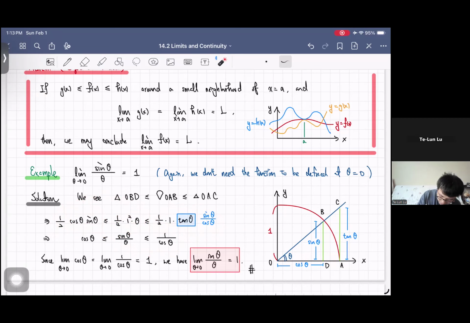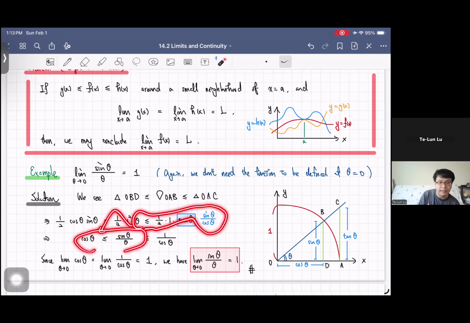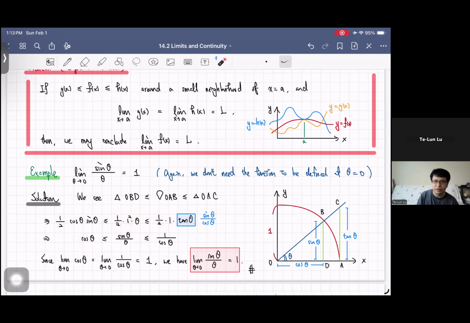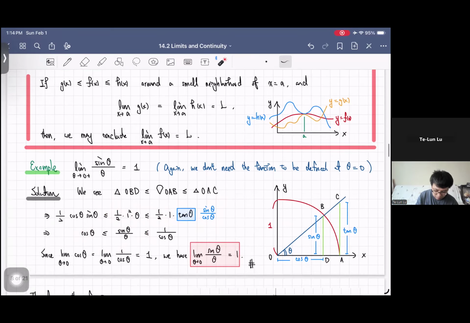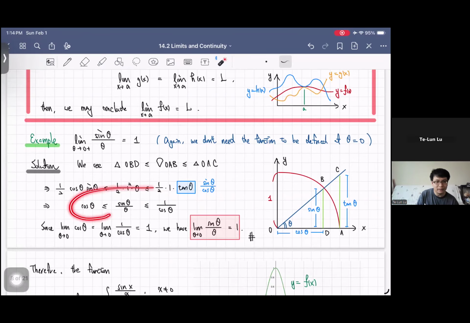Similarly, theta less than sine over cosine can be interpreted as cosine less than sine theta over theta. Technically, this kind of algebra depends on theta being positive, so that means I should put a plus sign here, but you can prove the negative side similarly. So we have our nice inequality.